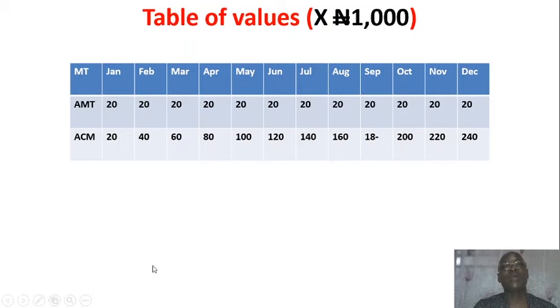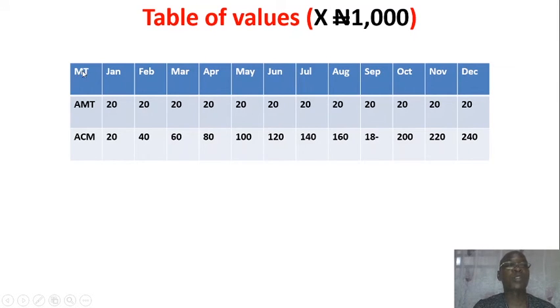The table of values. Since everything is written in thousands and there is not much space here to represent the thing in a table, we reduce it by a multiplying factor. We say whatever you have here as money, multiply it by 1,000 naira.